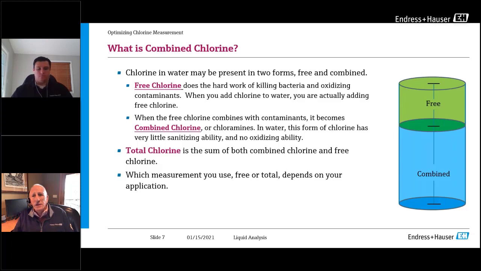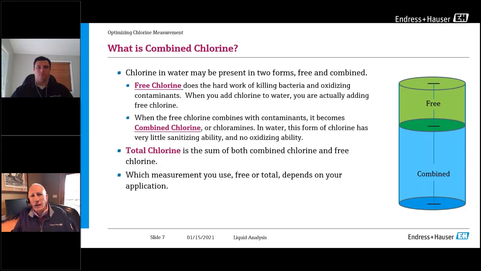When everything has basically come to, let's say, equilibrium, you still want some free chlorine left over, because that ensures that you've added enough chlorine to totally disinfect the water, but had a little bit left over. And in a water plant, when you're sending that water downstream, that residual free chlorine is continually disinfecting anything that might be on that pipeline going all the way to the consumer on the other end.